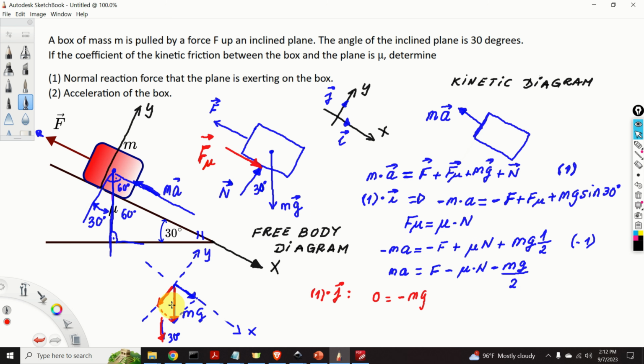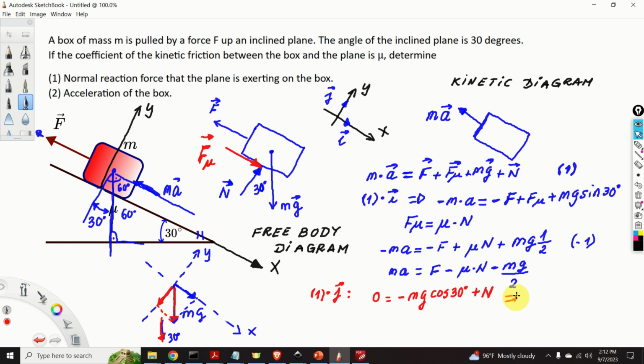What is the angle here? 30, and consequently this projection is minus mg cosine 30 degrees. How about N? N goes in the positive direction of the y-axis, and consequently we have plus N.